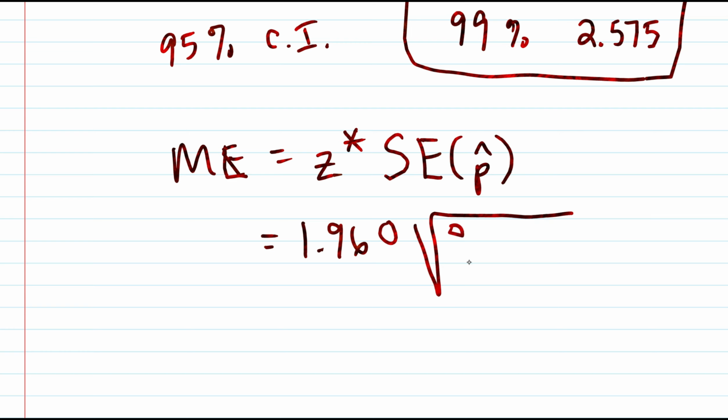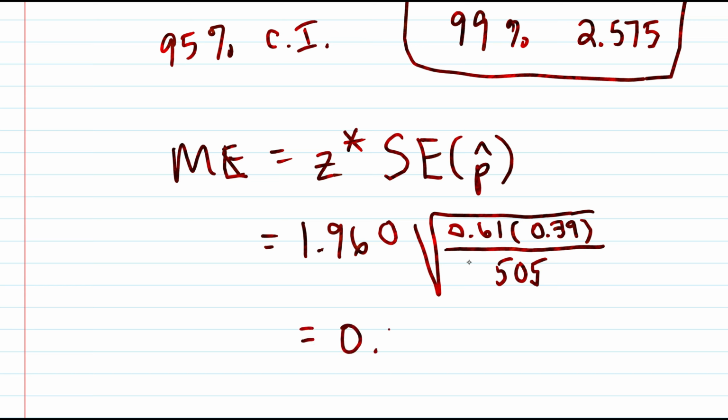So that's 0.61 times 0.39, all divided by the n value, which we stated was 505, and we take the square root of all of that. Once we do that, we get 0.043.